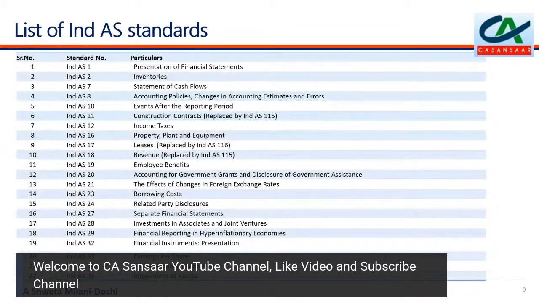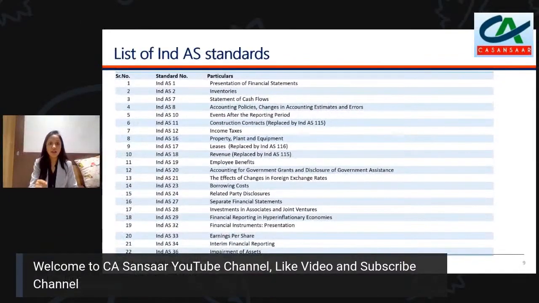Under Ind AS 116, no longer is your rent expenditure shown in the statement of profit and loss, but you have an expenditure called depreciation and interest. So in spite of the fact that you're entering into a lease arrangement, still you don't have a component called rent expenditure in your P&L, but you have interest and depreciation. What is the accounting for it? You have to discuss Ind AS 116 in detail, but I'm just trying to give you a glimpse of each and every standard.